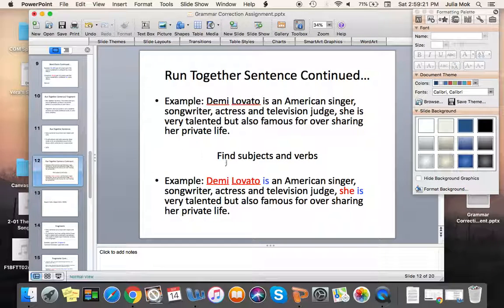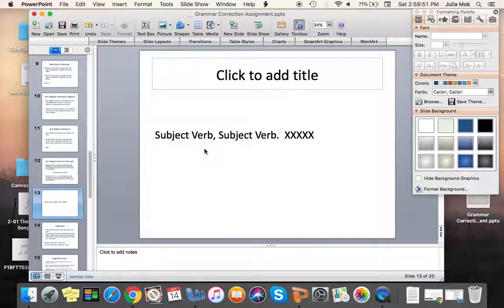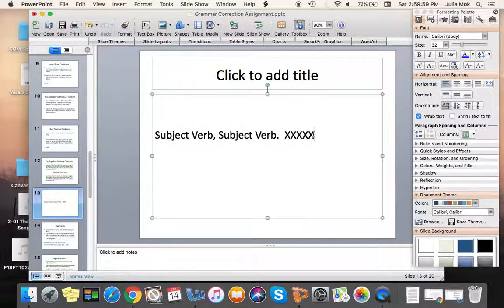So if you see here, Demi Lovato is, and then we have our object, an American singer, songwriter, actress, and television judge, comma, she is very talented but also famous for oversharing. A comma in English is not strong enough to hold together a sentence of this size. In other languages you can do this, but in English you can't. Like I mentioned, a subject and a verb with an object, comma, subject and a verb, period, just does not work. There's a couple ways to fix this.